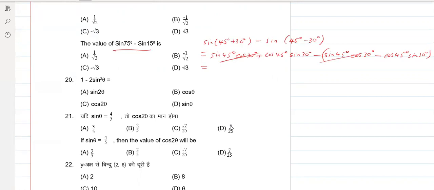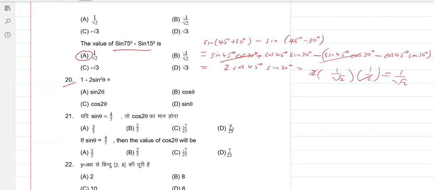Then that and that is 2 cos 45 sine 30 degrees. Cos of 45 is 1 over root 2. Sine 30 is half. The half and the 2 cancel out, and the solution is 1 over root 2. Answer is A.